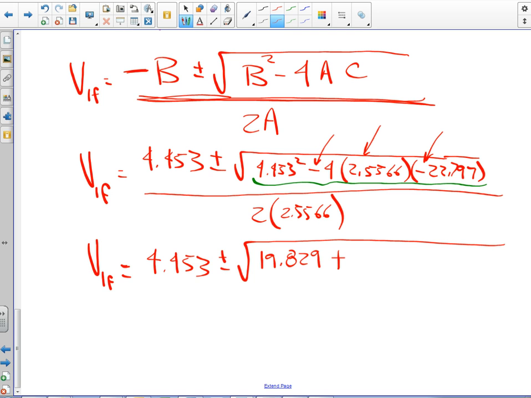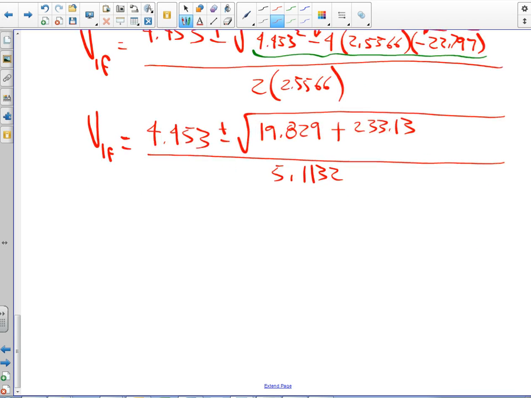If I multiply a negative times a positive, I'll have a negative, and when I multiply that by another negative, it'll be positive. It's going to be 4 times 2.5566 times 22.797, so that's going to be 233.13, all over 2 times 2.5566, which is going to be 5.1132.